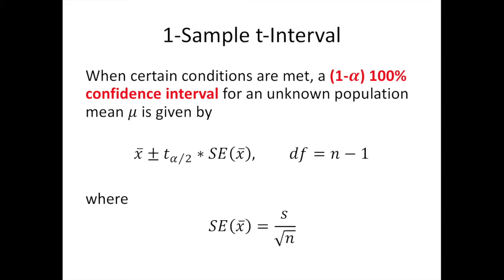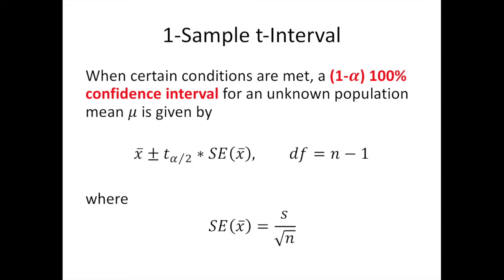Now all we'll need to know is what are the appropriate degrees of freedom. Well, as we'll see here, the degrees of freedom happens to be equal to the sample size minus 1. So if we sampled 50 individuals, our degrees of freedom would be 49. So on the left here, we see that our confidence interval, once again, is an estimate plus or minus a critical value.